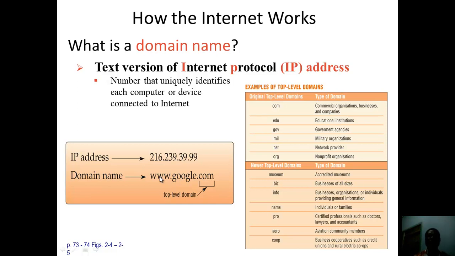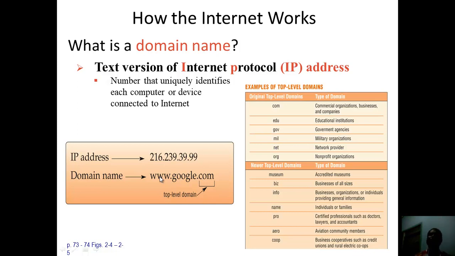So we have several domain names. Normally, the domain names end with dot something. For instance, .com is a commercial organization. Valley View is vvu.edu. What does EDU mean? Education. GOV is government.